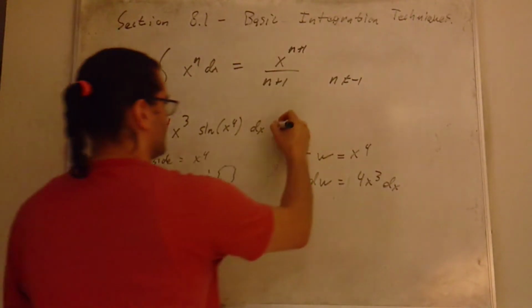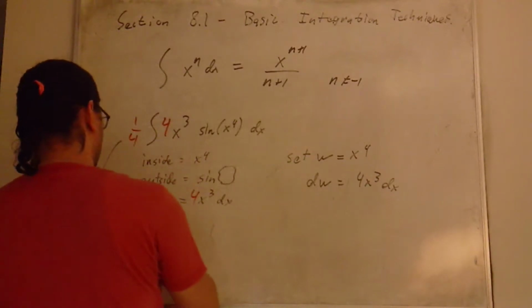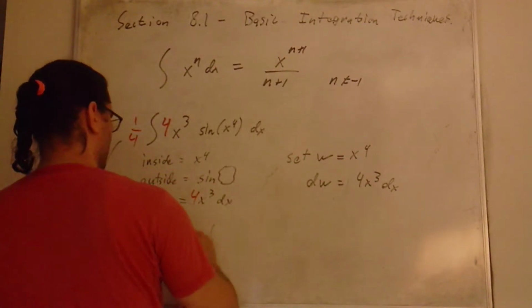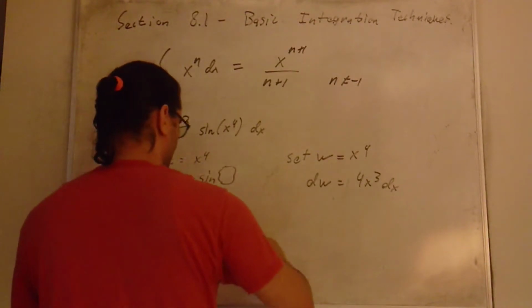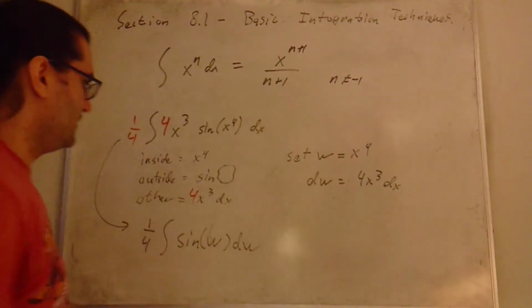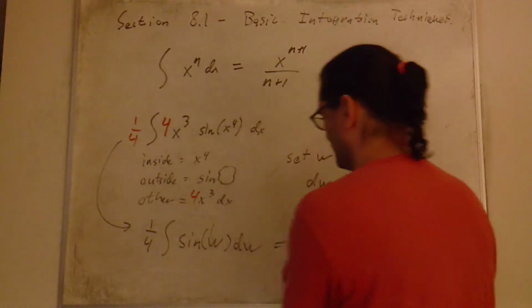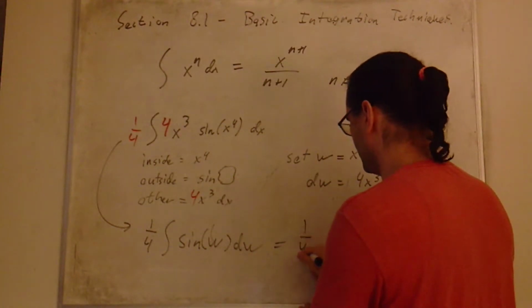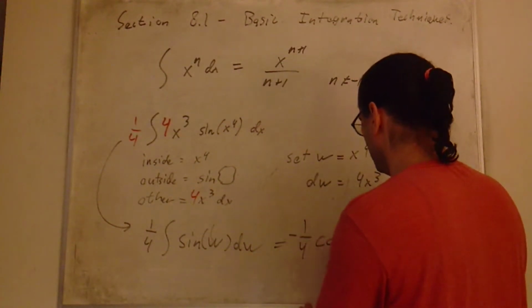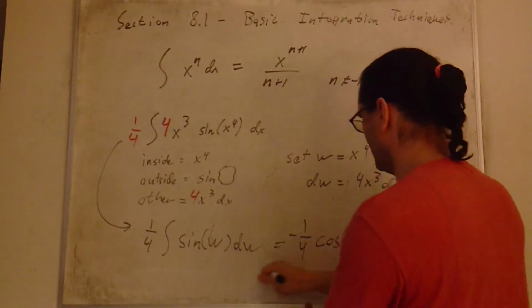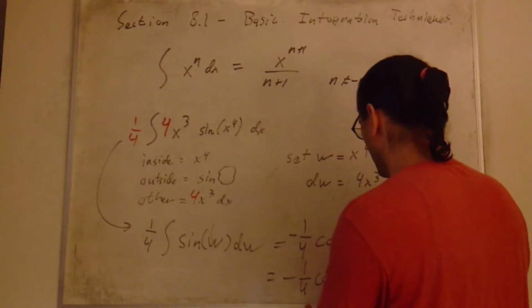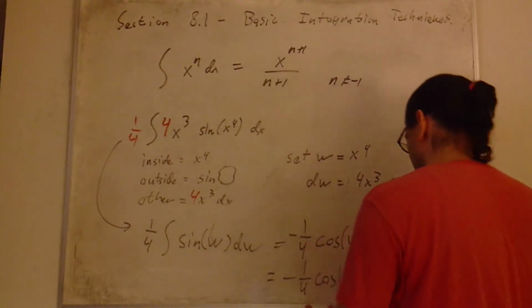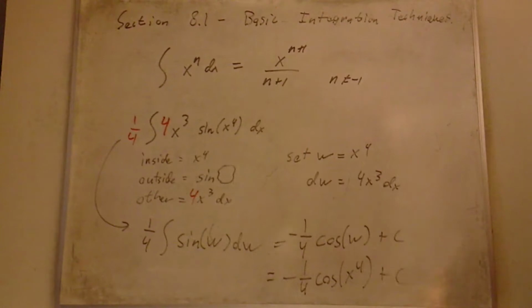And I can substitute this for 1/4 the integral of sine of w dw. And of course, the integral of sine is negative cosine plus c, and then we unsubstitute. So we get negative 1/4 cosine x to the 4th plus c. So this is the part that's just review.